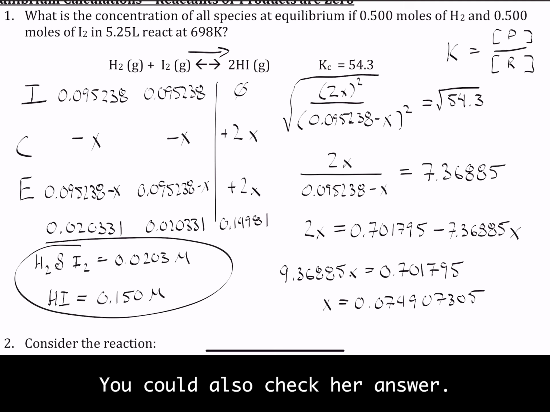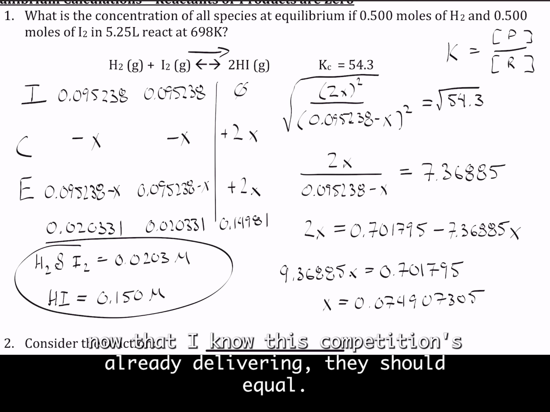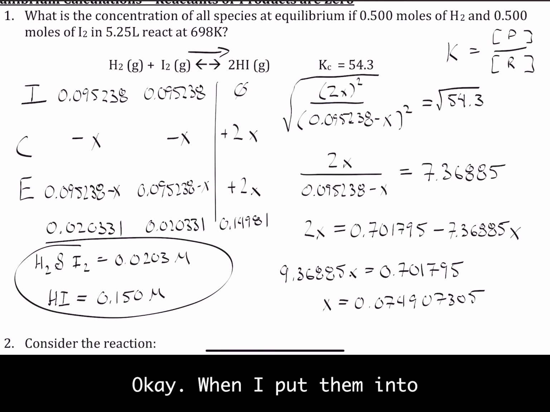You could also check our answer. Because now that I know these concentrations are at equilibrium, they should equal K when I plug them into the equilibrium equation. So 0.15 squared divided by 0.0203 squared. Probably rounding error.